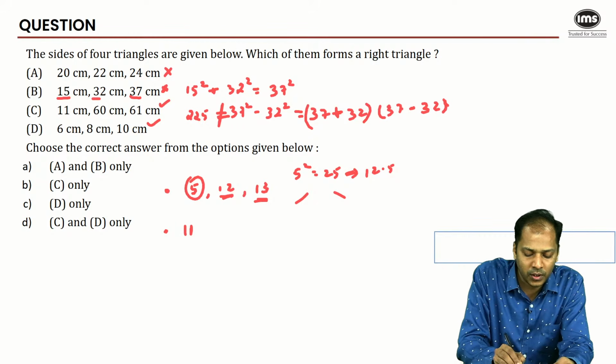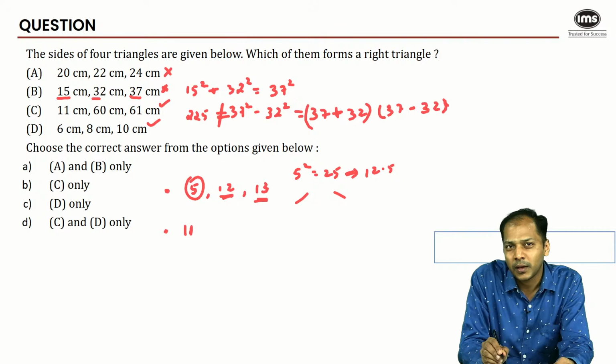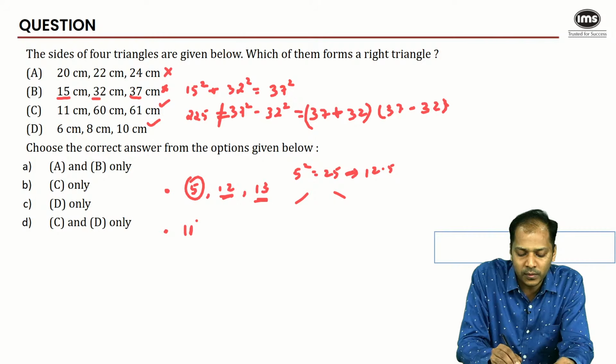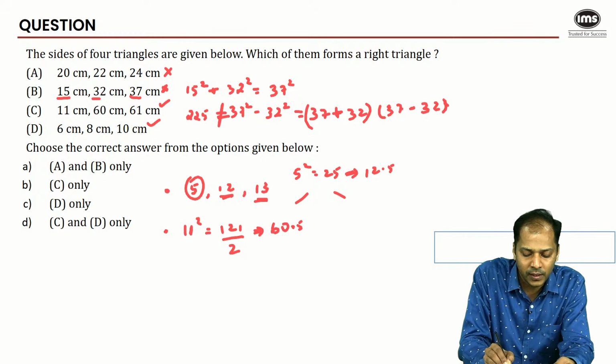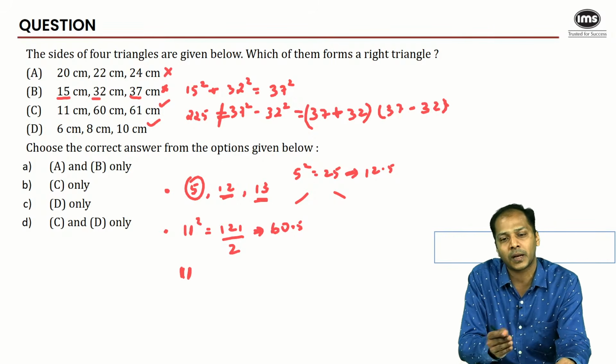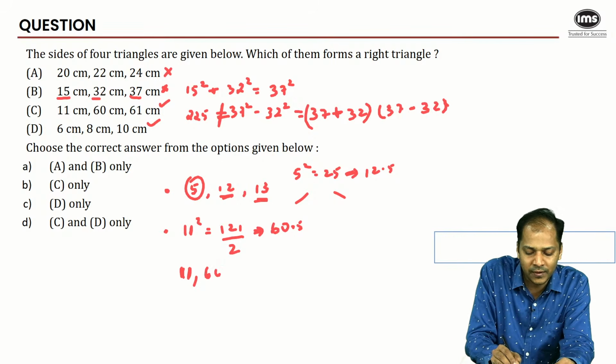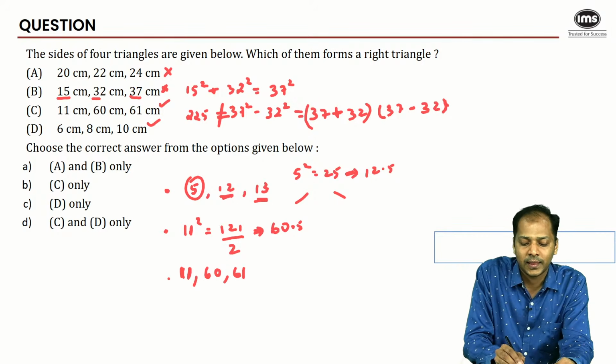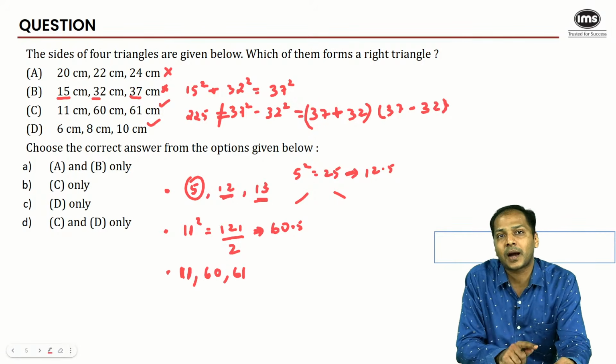Similarly, if I were to create a triplet using 11, 11 square is 121. Half of 121 is 60.5, and therefore if I want a triplet starting with 11, I'll take the one before 60.5 and the one after 60.5. So that's 11, 60 and 61. That way I remember the triplet starting with 11.